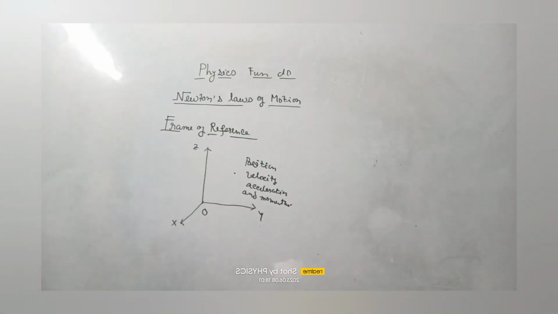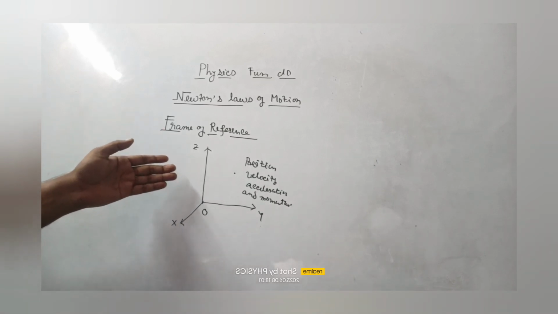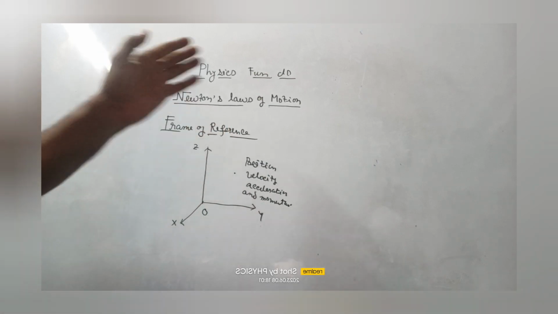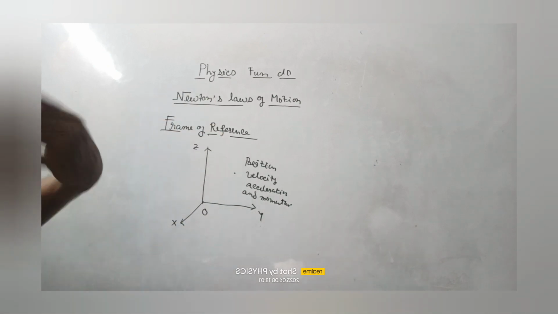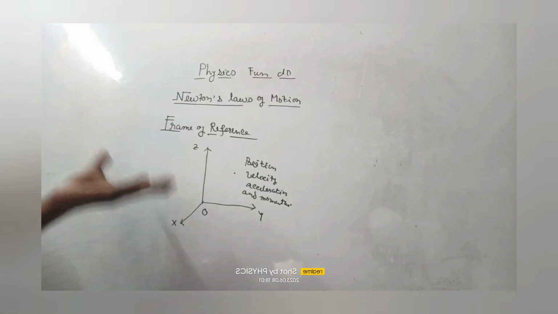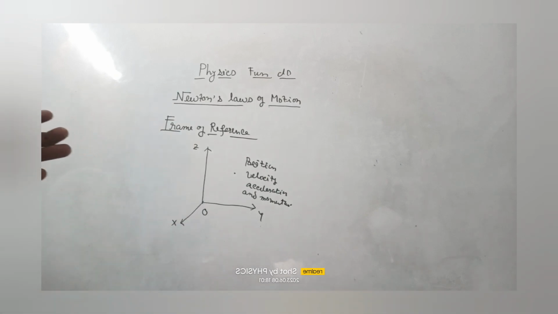So we have understood that with respect to the frame of reference we can describe its position, velocity, acceleration and motion. All the physical quantities can be described with respect to a frame of reference. Now we have understood the frame of reference.